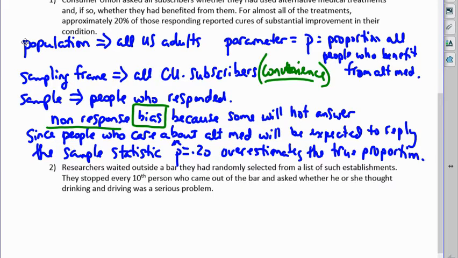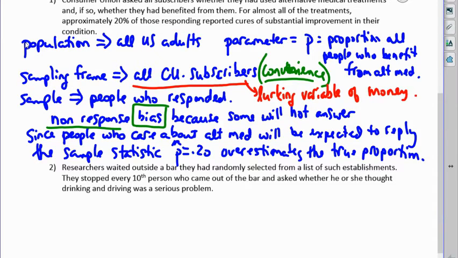And what might be a lurking variable about Consumer Union subscribers? If you have enough money to subscribe to a magazine, I would say that there could be a lurking variable: that these people have maybe more money and are more educated because they want to read a magazine.